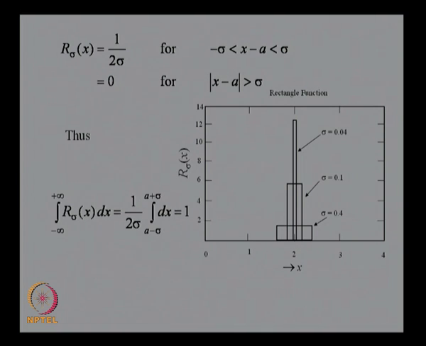When sigma becomes even smaller, the width becomes smaller, the height becomes larger, but in each of the 3 cases, the area under the curve is unity. In the limit of sigma tending to 0, we have a very narrow and very tall function. The area under the curve is 1, that is one representation of the Dirac delta function, one of the many representations of the Dirac delta function.